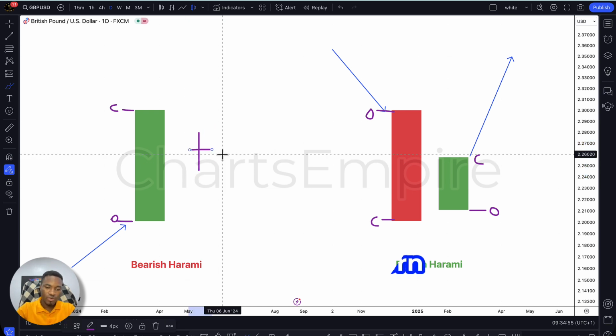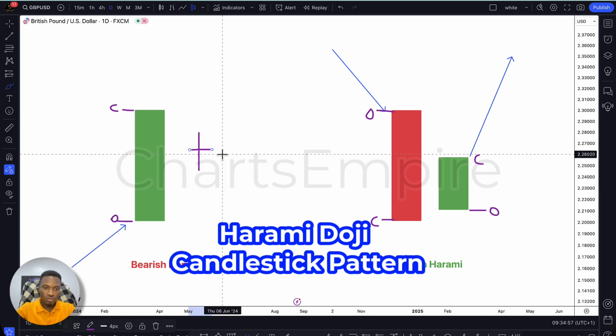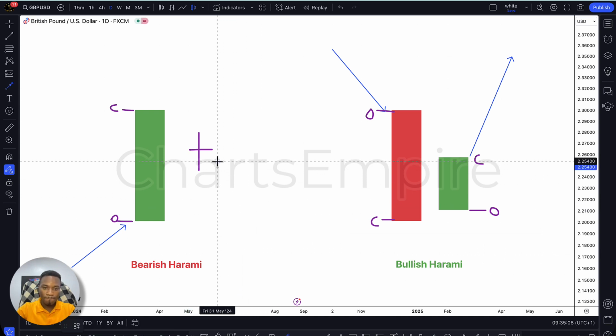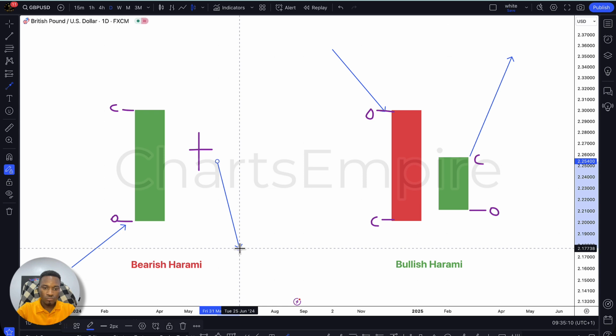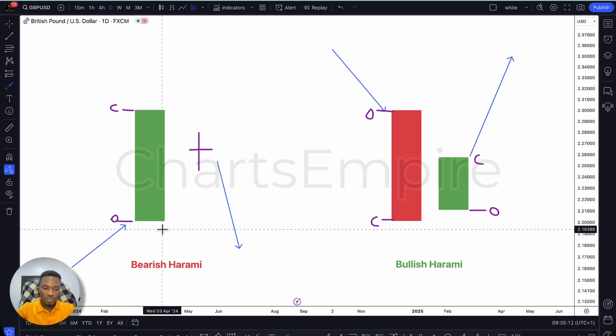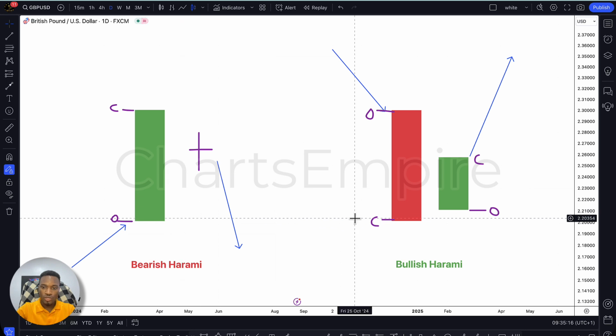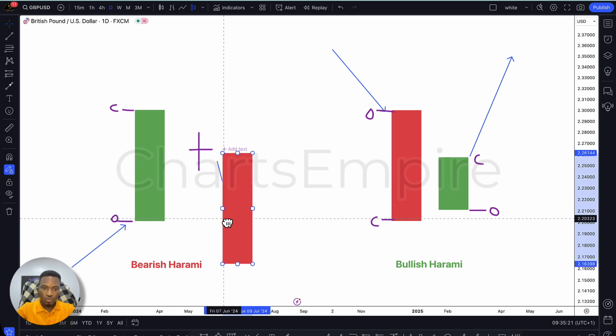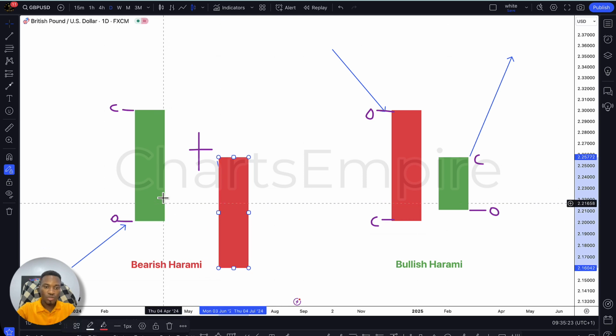So instead of having a bearish candlestick as the second candlestick, it can result in a Doji candlestick. So what you need to do as a trader is patiently wait for the next candlestick to close lower than the what? Than the opening of this bullish candlestick. So it means we have to see a bearish candlestick closing lower for this candlestick to be confirmed for the reversal of an uptrend to a downtrend.